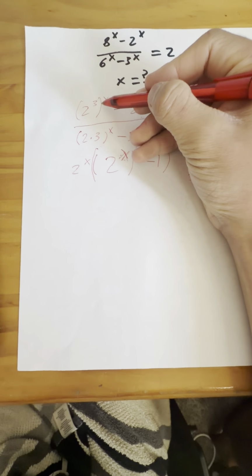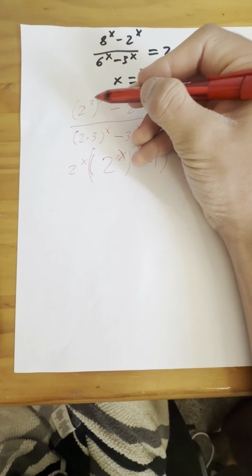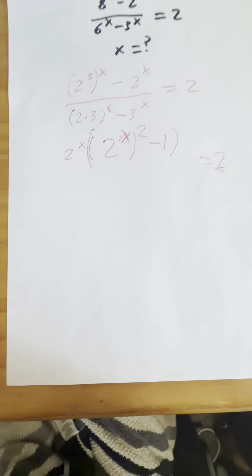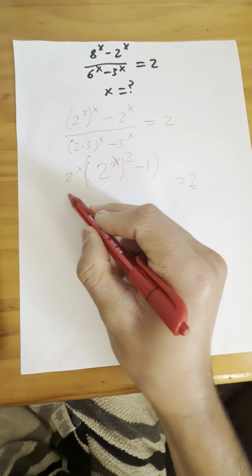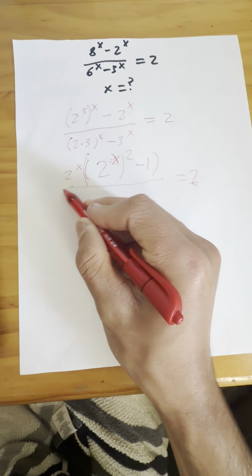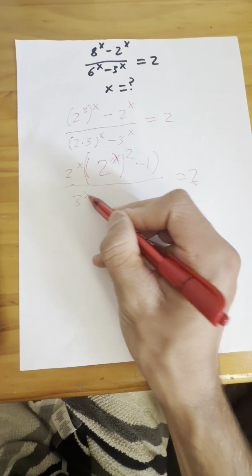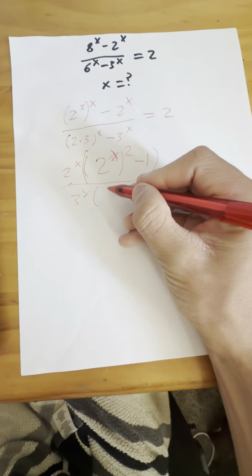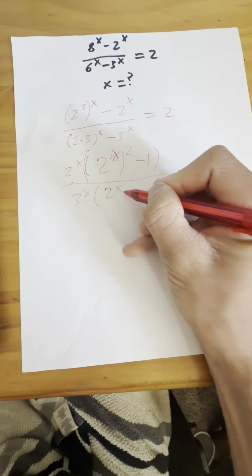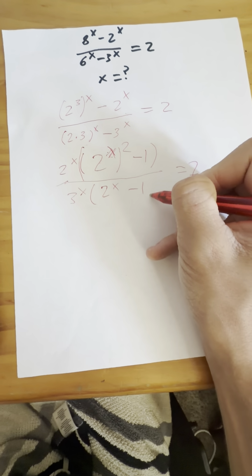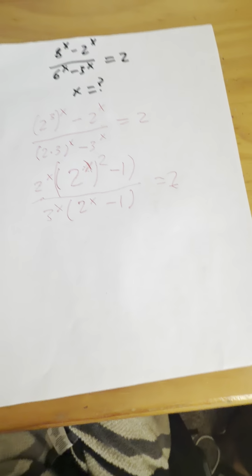Since we're left with 2 to the power x's, we just take 1 away. In the denominator, we're going to factor out a 3 to the power x, and we're left with 2 to the power x minus 1, and that equals 2.